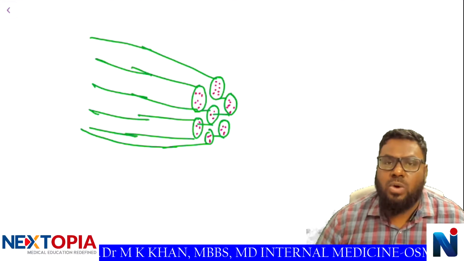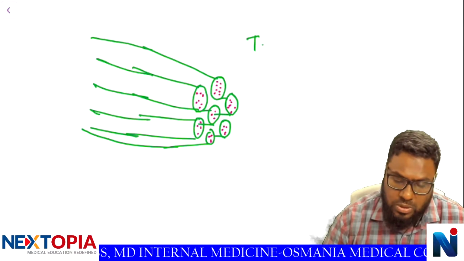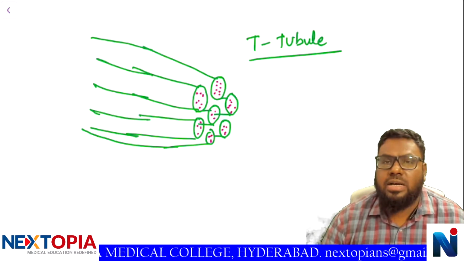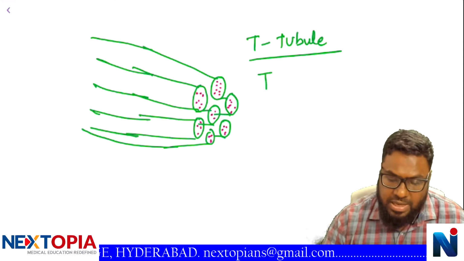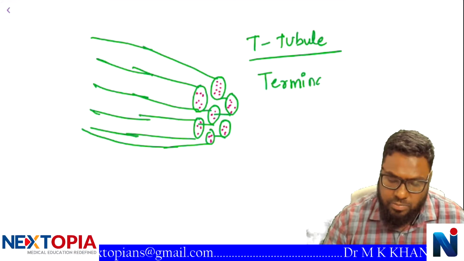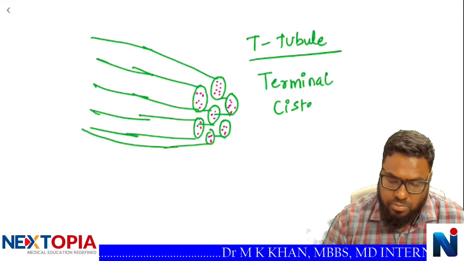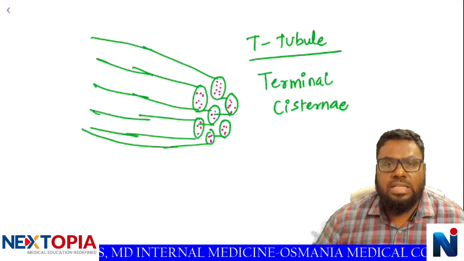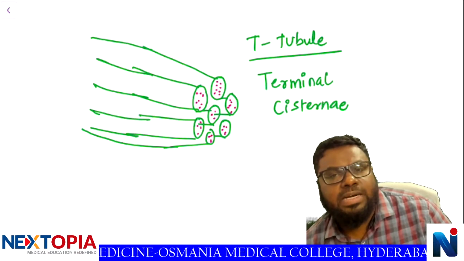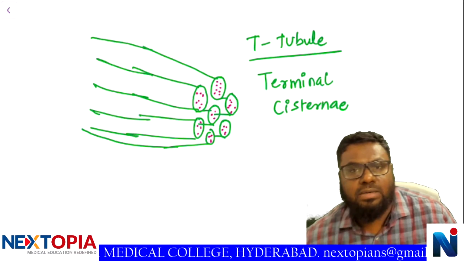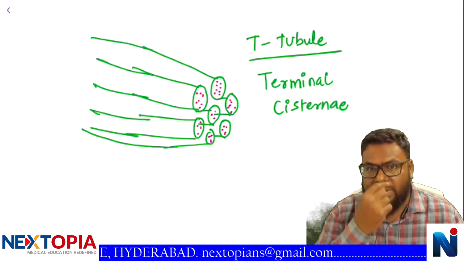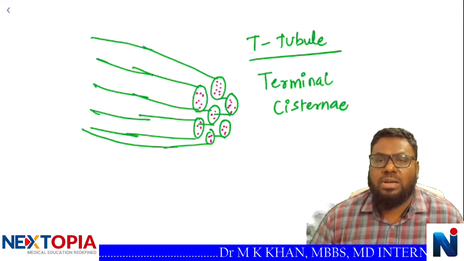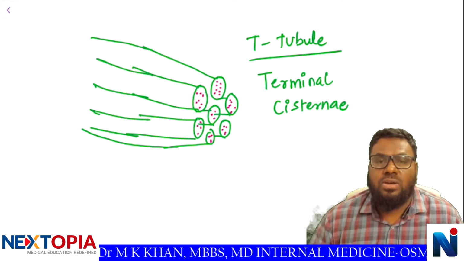This muscle proper, from outside, is covered by the T-tubule and terminal cisternae. The T-tubules are nothing but extensions of the surface membrane. Whereas the terminal cisternae are part of the sarcoplasmic reticulum, which is part of the internal membrane.